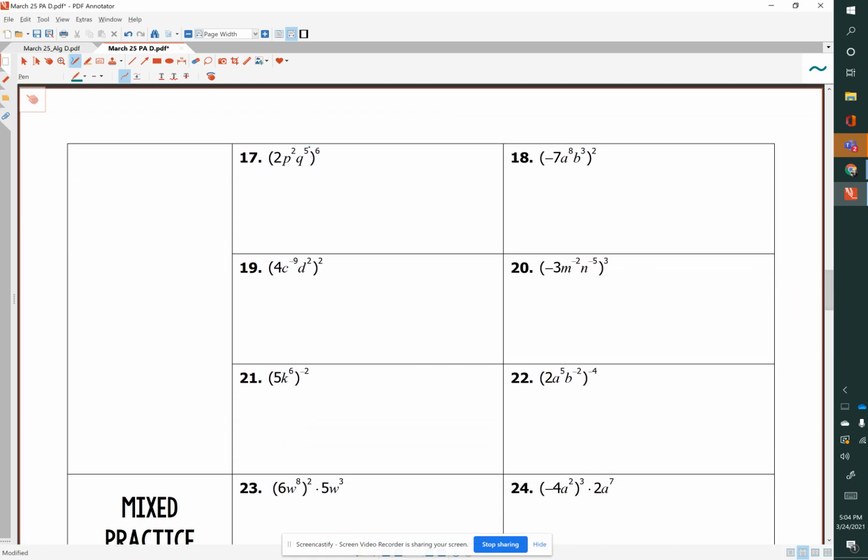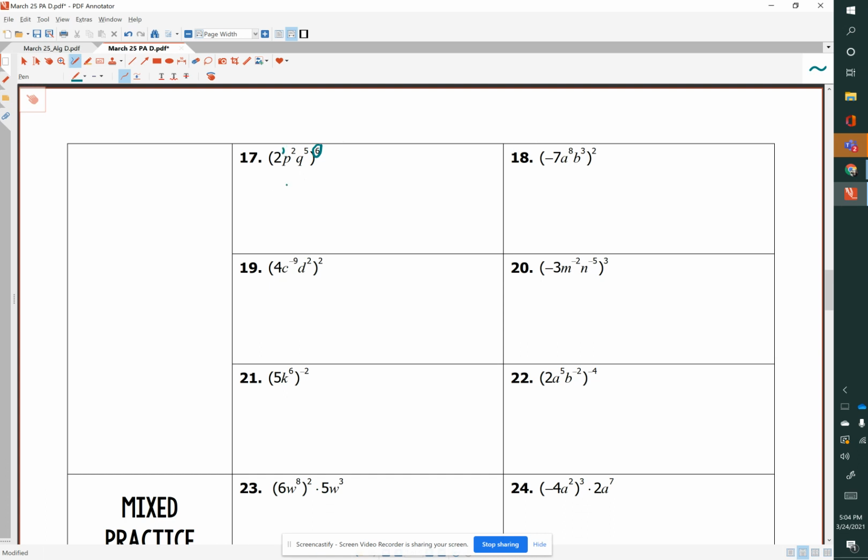So what we have here is 2p to the second power, q to the fifth power, all of that raised to the sixth power. So we have to multiply the 6 times every exponent inside the parentheses. Well, the 2 does not have an exponent, but we know the rule, that's an invisible 1.